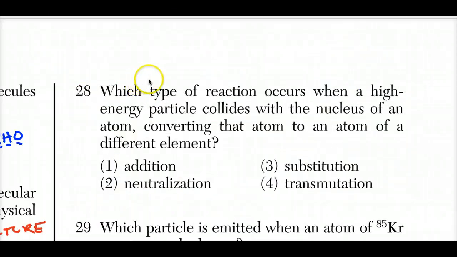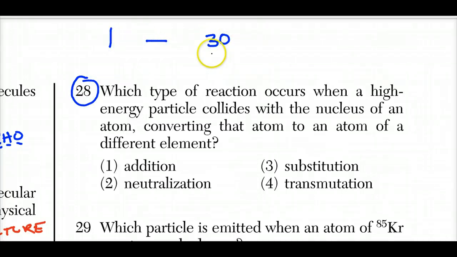Number 28 states, which type of reaction occurs when a high energy particle collides with the nucleus of an atom, converting that atom into an atom of a different element? You should know where you are in the test. 1 through 30 of this test usually goes in order of atomic structure, periodic table, bonding, physical matter behavior.